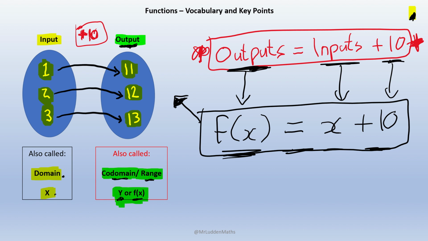And you need to be aware, that's the reason I took a break from the sort of questions to give you your vocabulary here. It's because knowing that your input is also called your domain and your x values is so important to be able to answer your question, in the same way that knowing that your output is also called your codomain, your range, your Y, or your FX.